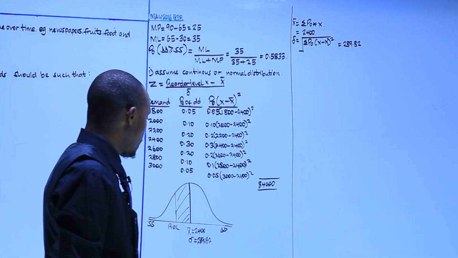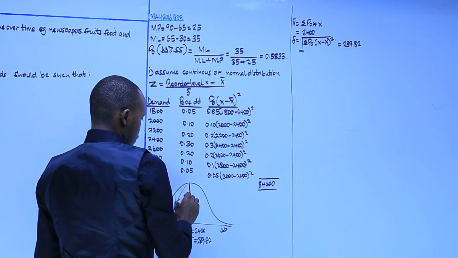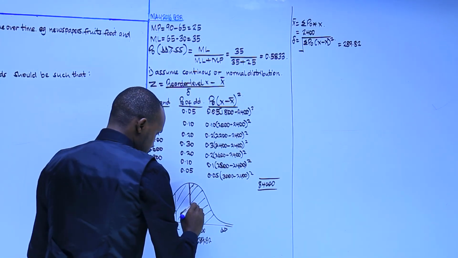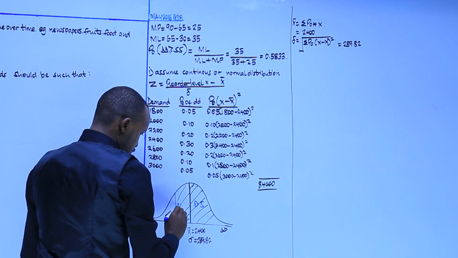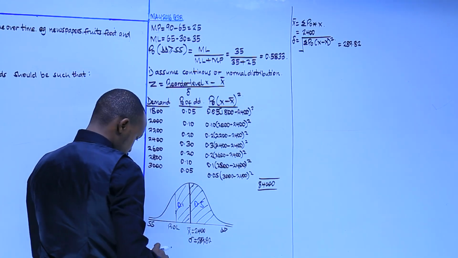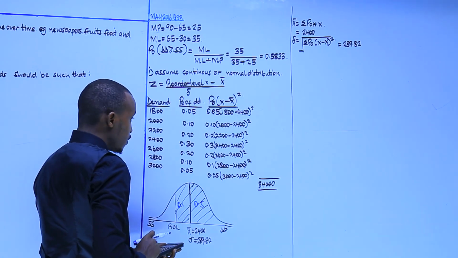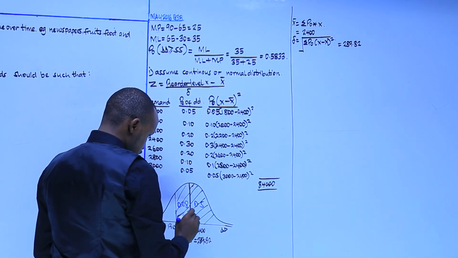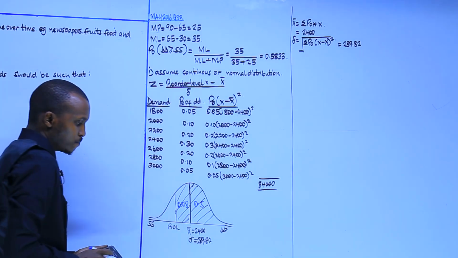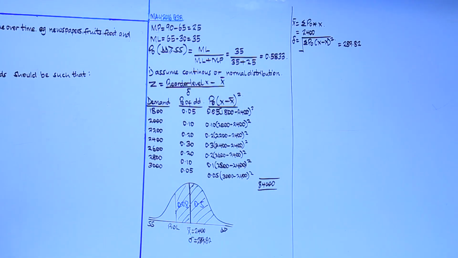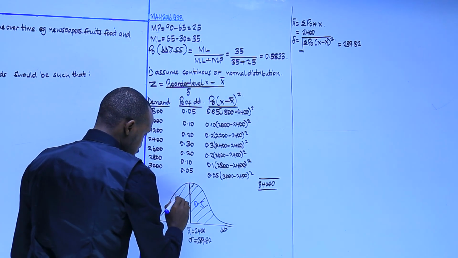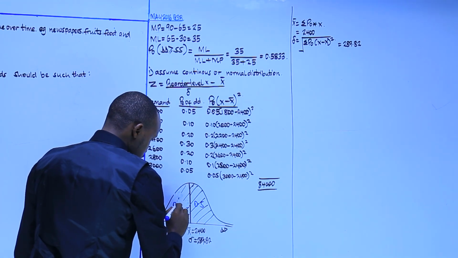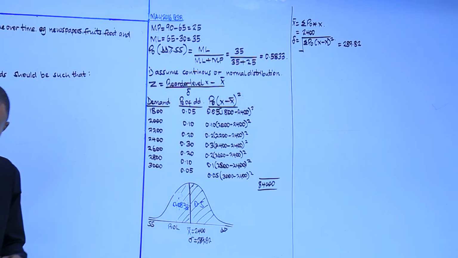So come here. This is 0.5. So this should be 0.5883 minus 0.5, which is 0.0833. This is what you want.